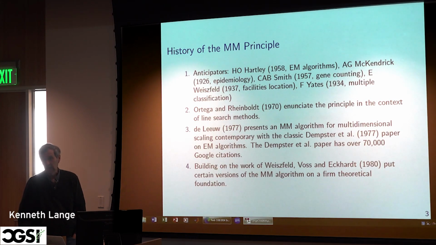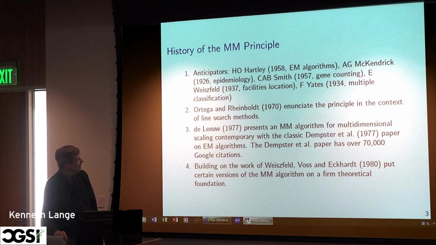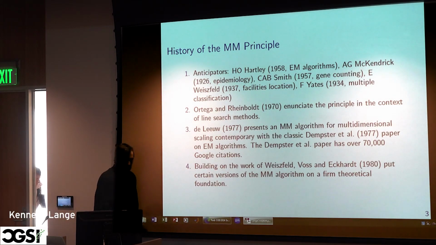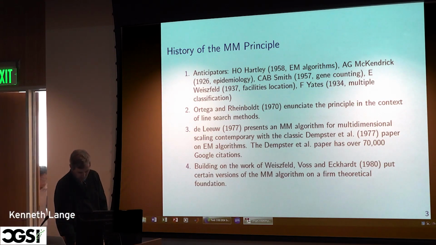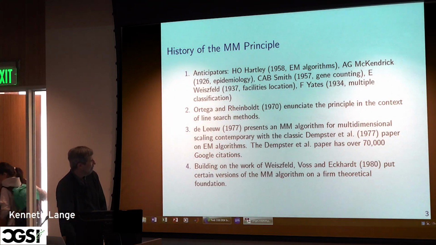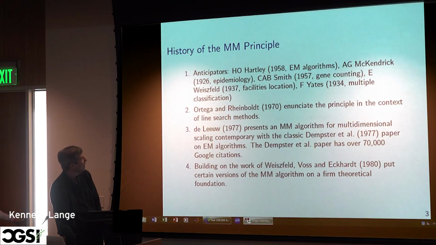They named it, and that paper has, as of yesterday, 73,000 plus citations. So it's one of the most cited papers in statistics. De Leeuw's paper has 200 or 300 citations, but it's equally important in a foundational sense. One of the early theoretical papers was this one by Weisberg and Eckhart, German, and they revived work of Weiszfeld and facilities locations.